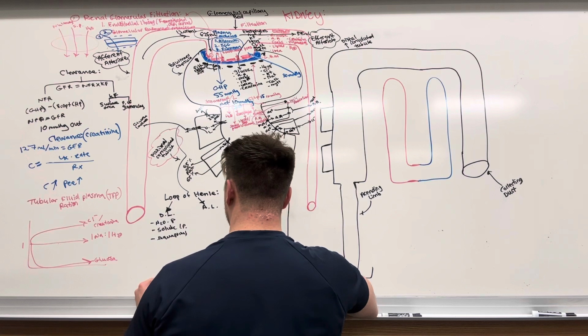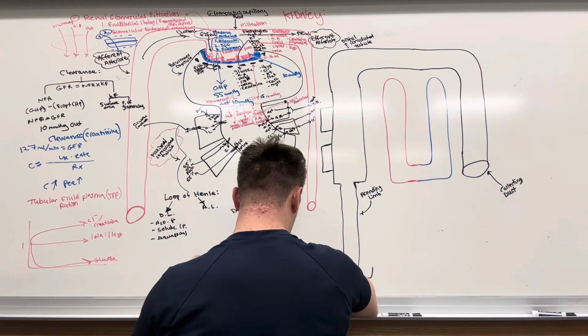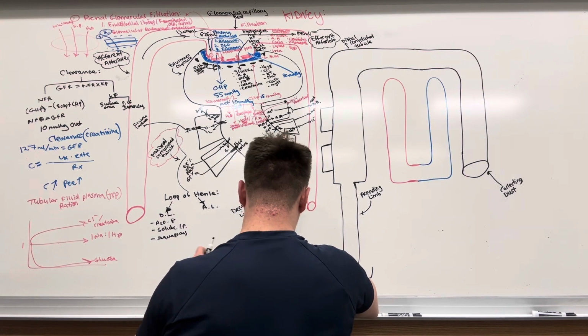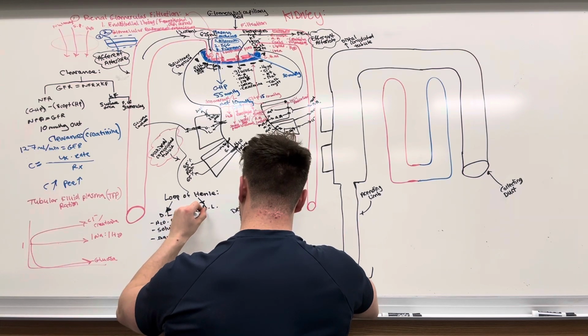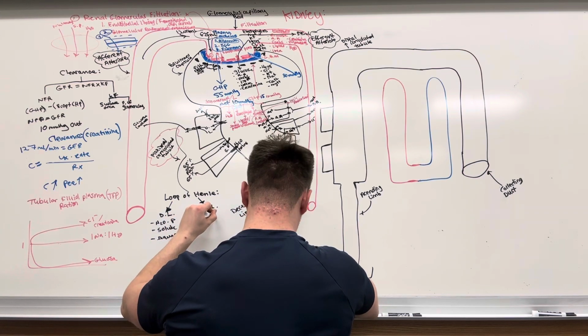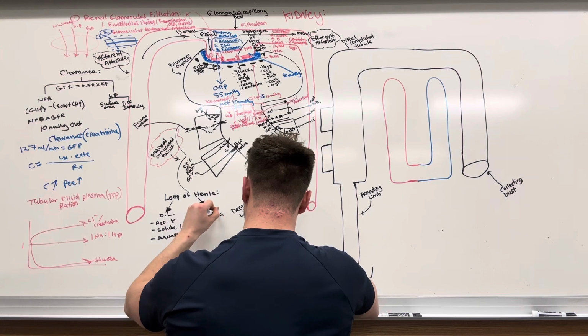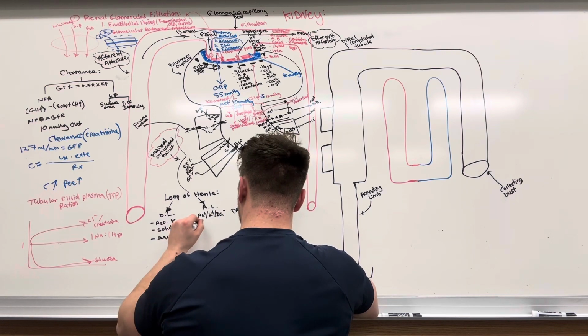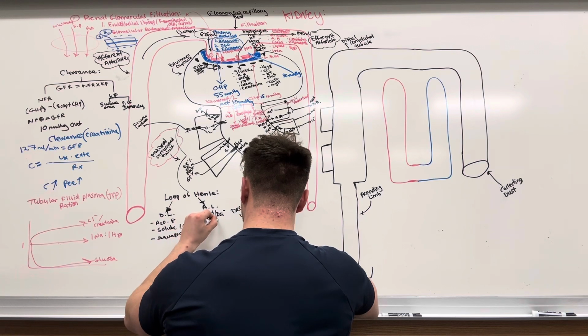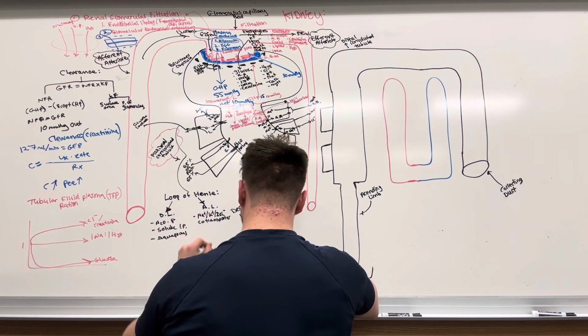We call this the countercurrent multiplier. Then our ascending limb, we would have our sodium, potassium, 2Cl pump. Call this a co-transporter. Okay, co-transporter.